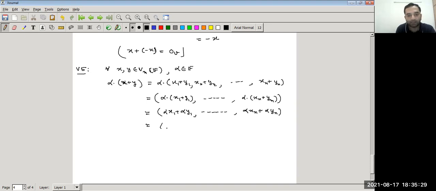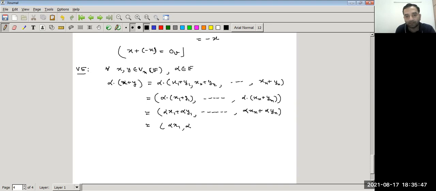Now we can separate this, because we know how we define the sum: (x1 plus y1, x2 plus y2, xn plus yn) is (x1, x2, xn) plus (y1, y2, yn).